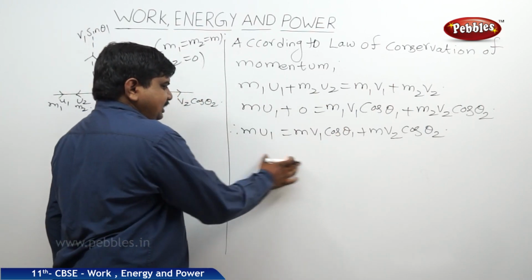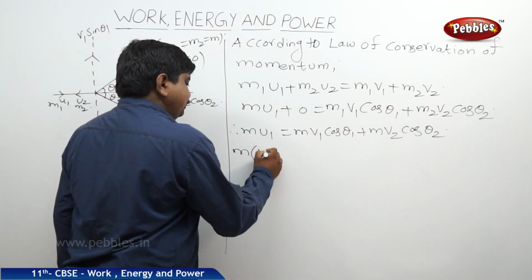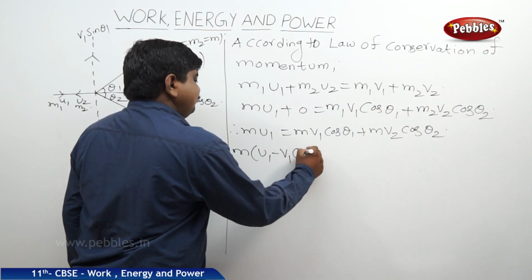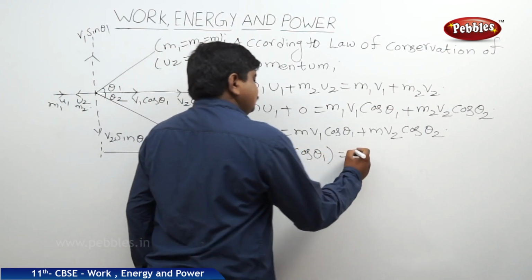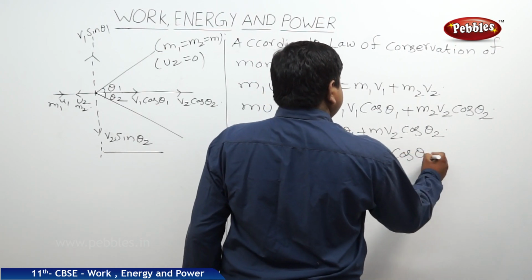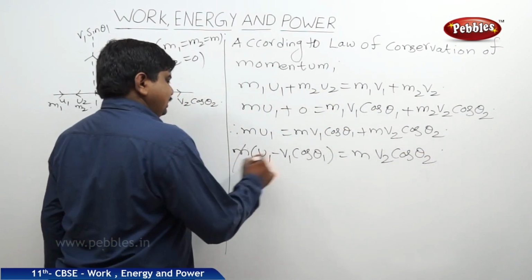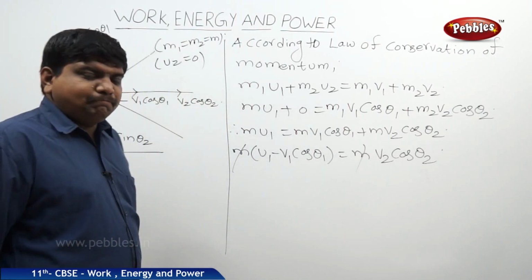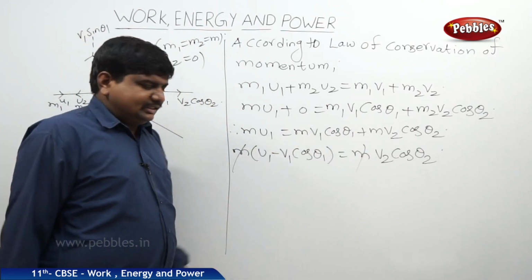I am bringing this whole equation to this side, so m into u1 minus v1 cos theta 1 is equal to m into v2 cos theta 2. So m and m get cancelled. Now I am squaring on both sides.